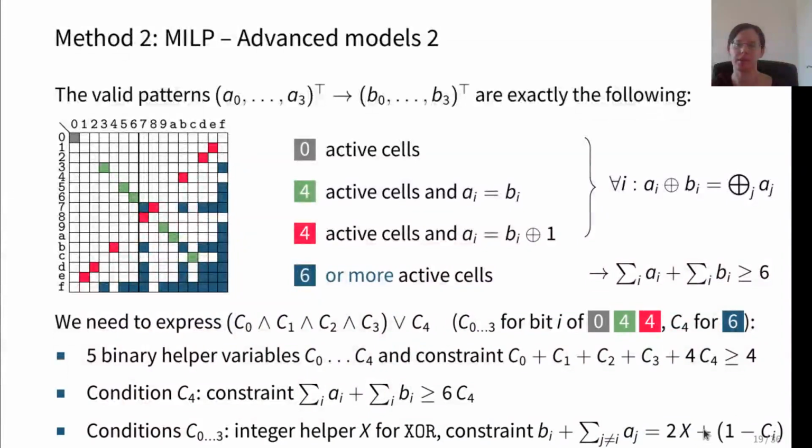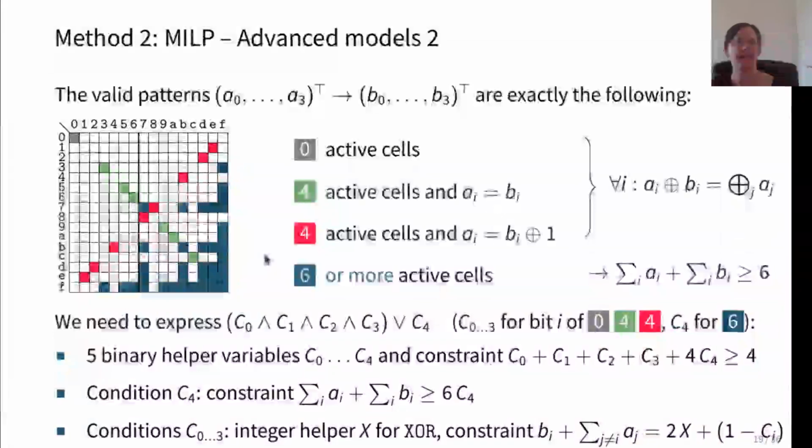So if it's an even number, then this one here can be 0, which means that the CI can be 1, meaning that the condition is satisfied. But if this condition here is not an even number, then we need this here to be 1. So we need this here to be 0. So again, we've linked the helper variable with this condition here, which describes exactly this one here. So by adding all of these conditions, we have now perfectly described this table, for example.